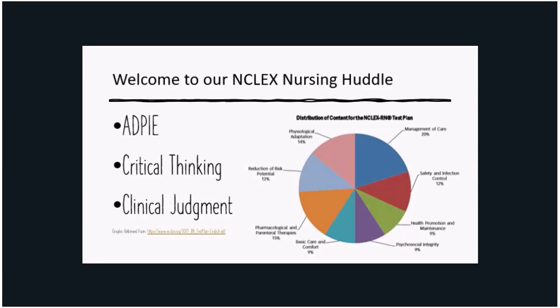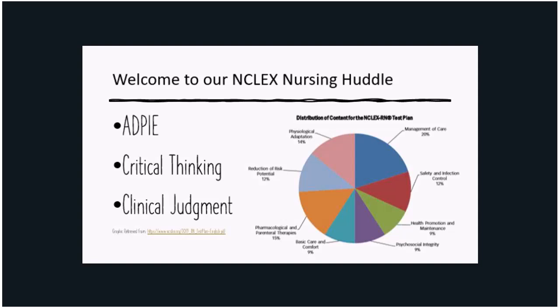The pie chart that you see on the right of this slide is from the test plan for the NCLEX-RN, and it basically breaks down the parts of the NCLEX and the percentages that will be tested. So for example, 15% of the NCLEX will be on pharmacological and parenteral therapies.